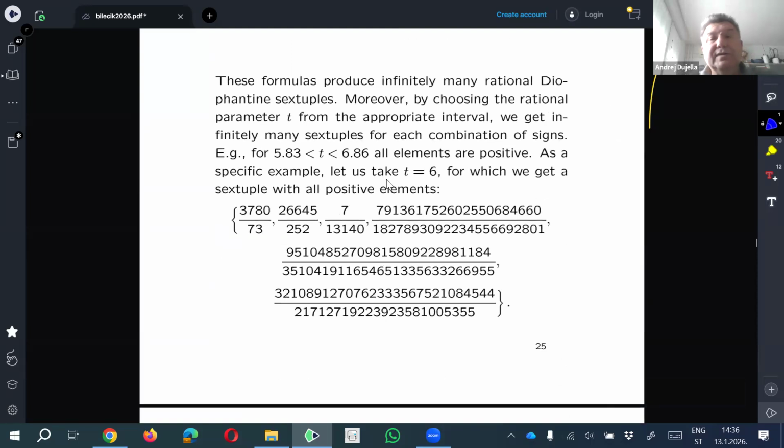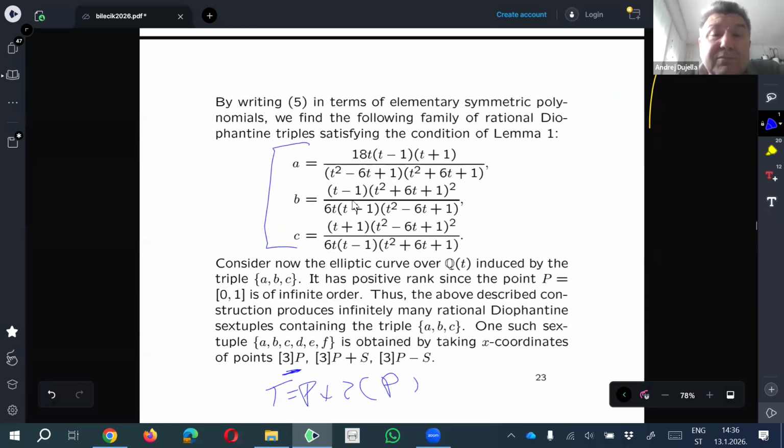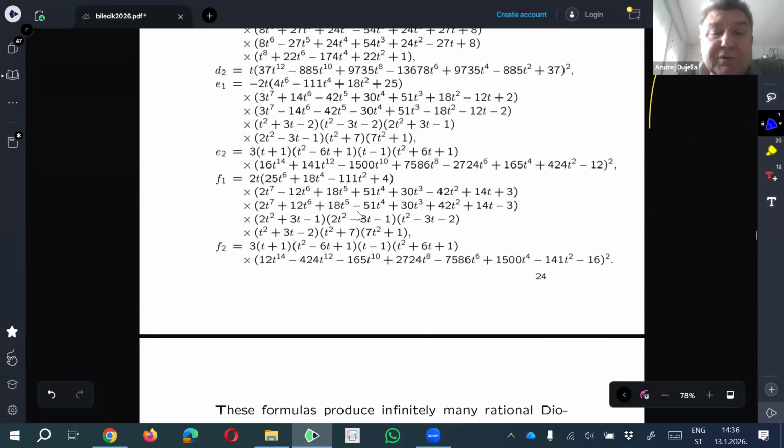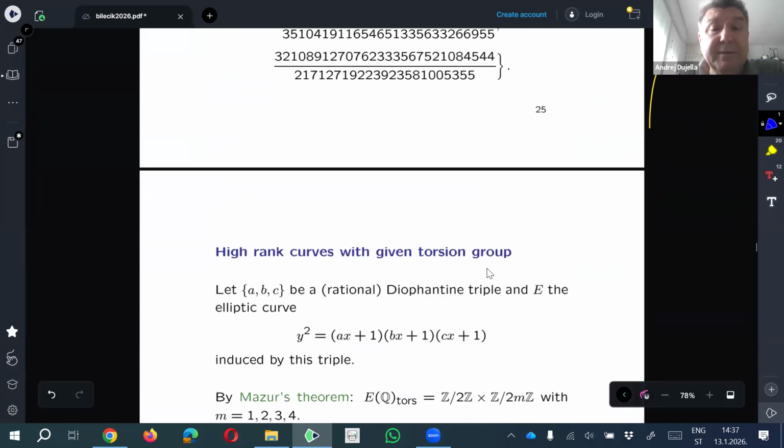If we are interested, say, in the style of Diophantus, he wanted positive elements. So our rational functions certainly are not always positive, but we can choose elements in some intervals to produce all elements with positive coordinates. For example, if we take t equals 6, we get these 6 positive elements.